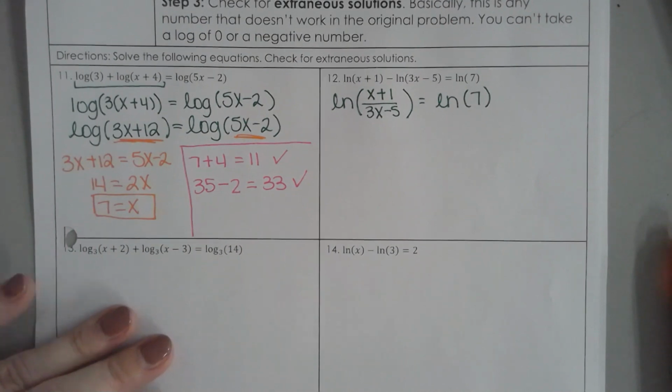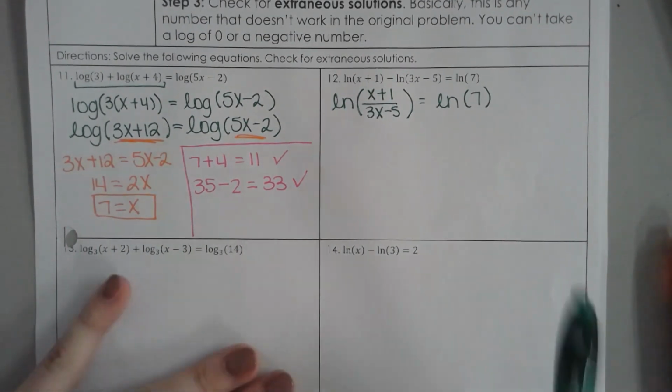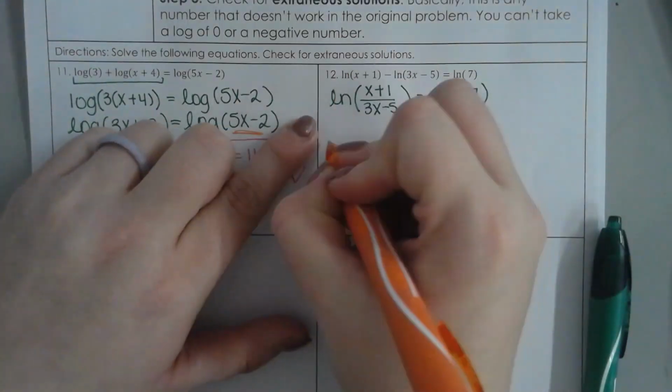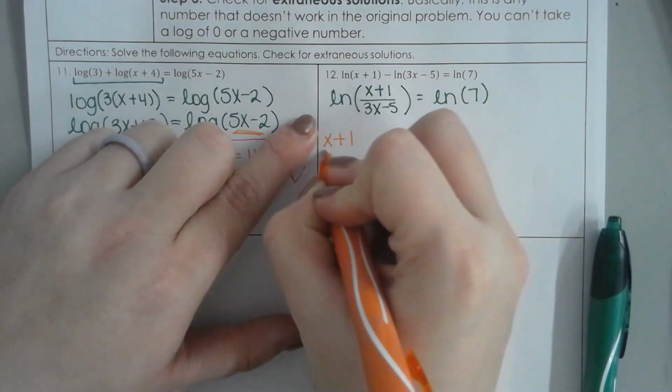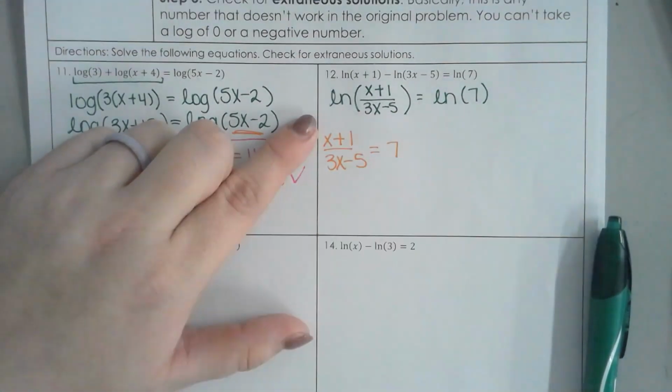Might have to do some extra work on the back. I should have spaced these out more. And so now they're both natural log, same base. So I'm going to set x plus 1 over 3x minus 5 equal to 7.